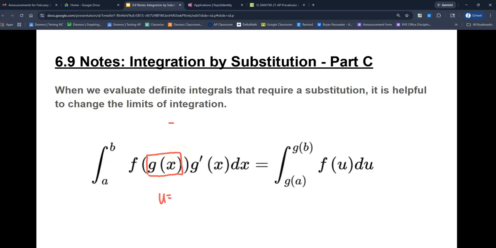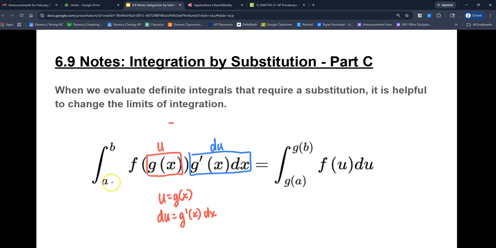Our u is going to be whatever g of x is, and then our du is going to be g prime of x dx. So this part is our u. This part right here is our du. So we're going to switch this where we are integrating f of u du, whatever function we might have.